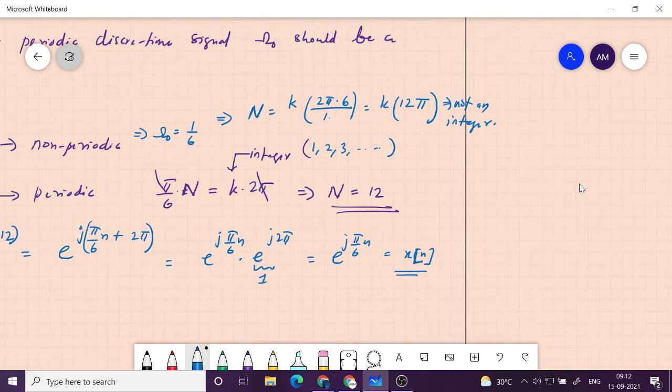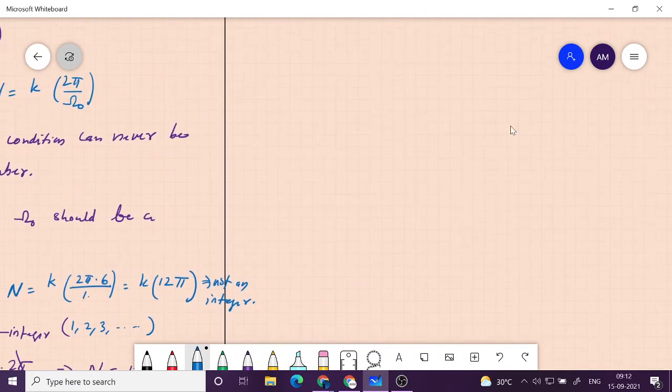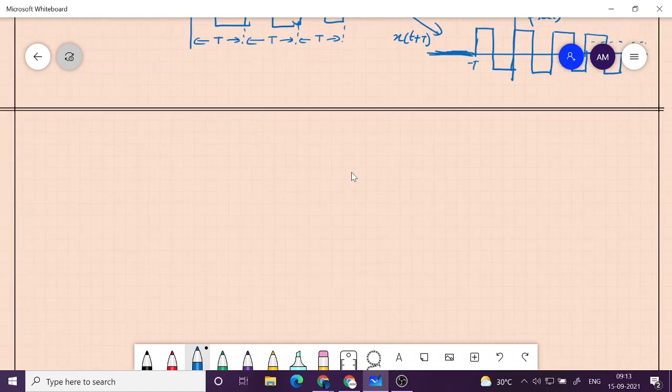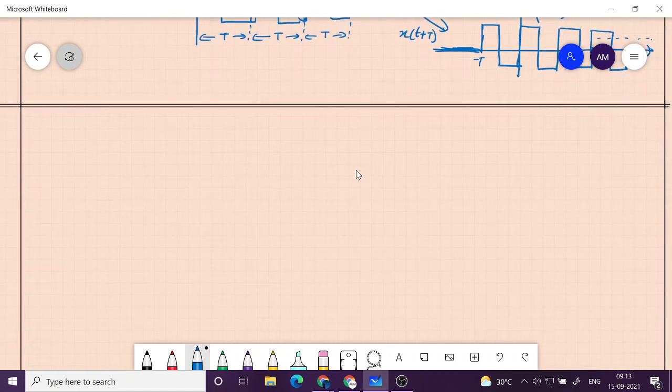Okay, one more example I want to take. This time again going back to continuous time periodic, example 3. x of t is equal to sine 3t plus sine 4t.